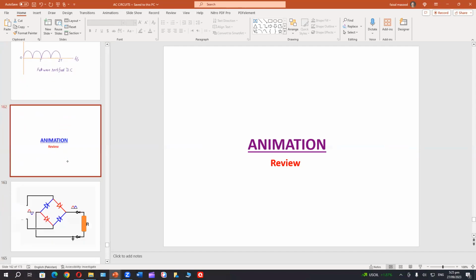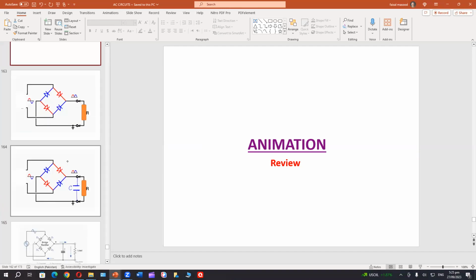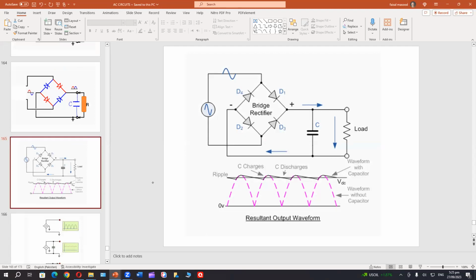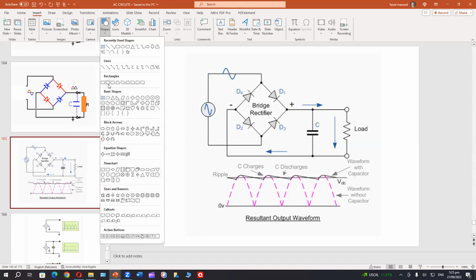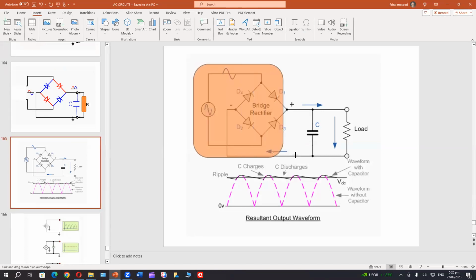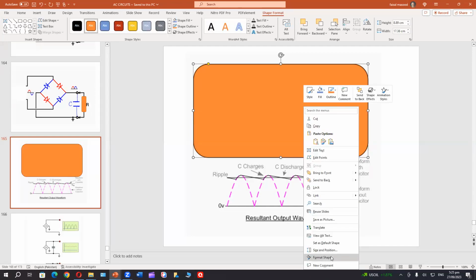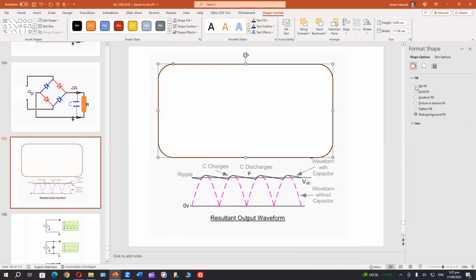A capacitor is now used in parallel in order to obtain a smooth current.